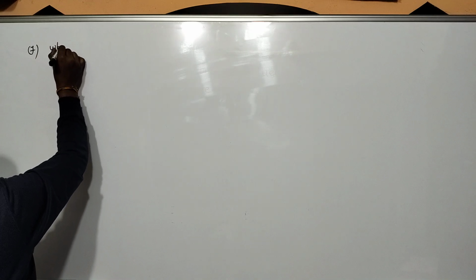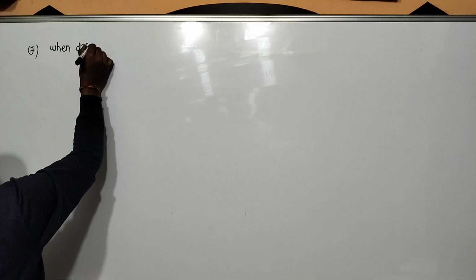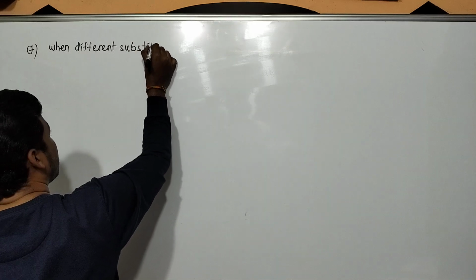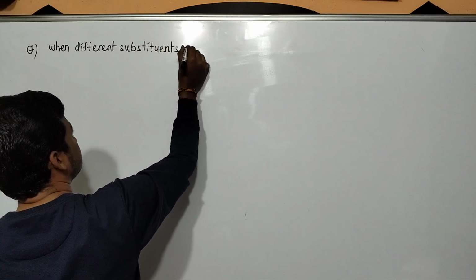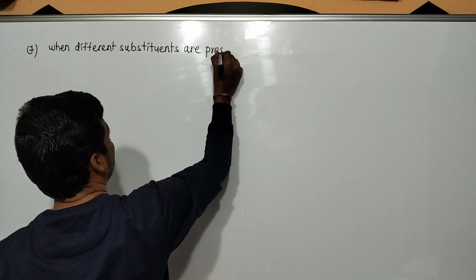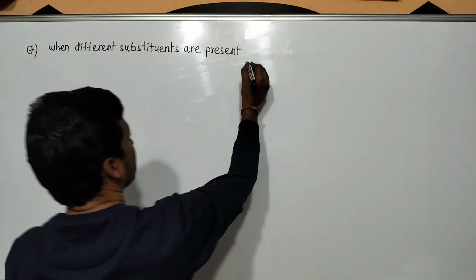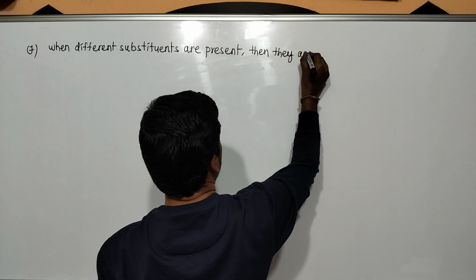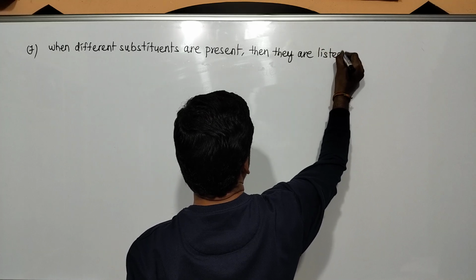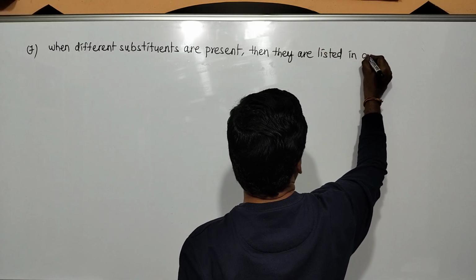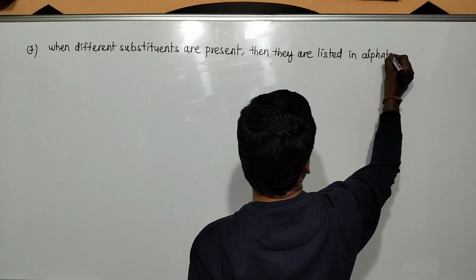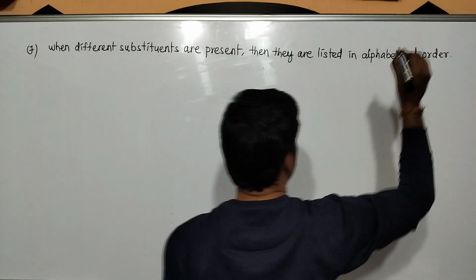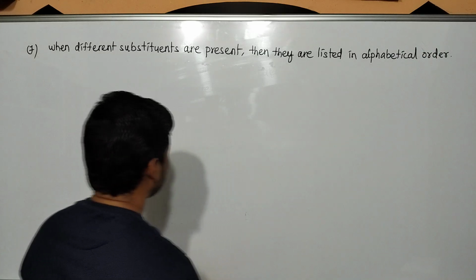When different substituents are present, they are listed in alphabetical order. See the example, you may get clarity.